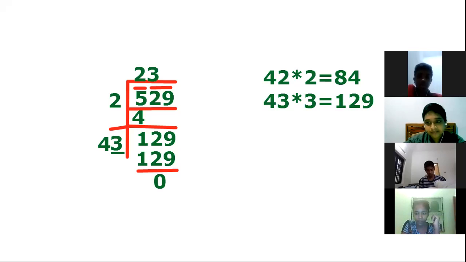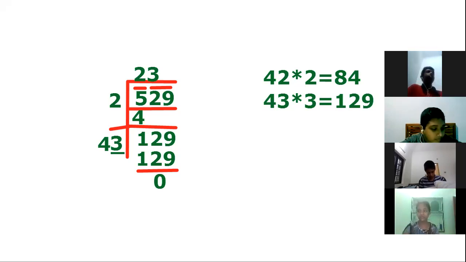It should be 529. So the square root of 529 is 23. This is the method of finding square roots using the division method. Did you get the idea? We have the steps given in detail, and using those steps we find the square roots.